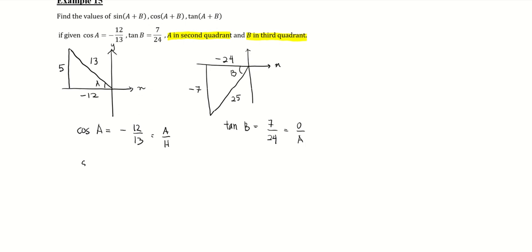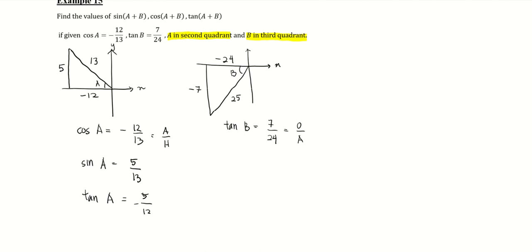We can find sine A. Sine A is opposite over hypotenuse, so the opposite is 5 and the hypotenuse is 13. And tangent A is opposite over adjacent, so the opposite is 5 and the adjacent is negative 12.